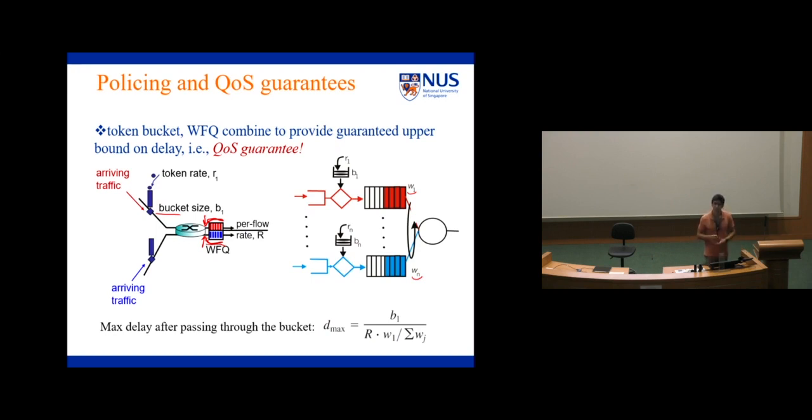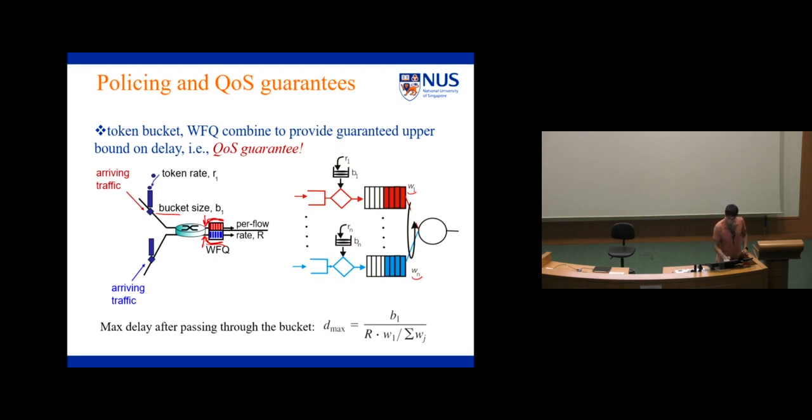So let's assume that in the worst case scenario, B1 packets will arrive to the leaky bucket, and our packet, in the worst case, is the last one of these B1s. So all of them will be passed into the queue. I'm assuming, to calculate the worst case, my bucket is full, and I'm measuring the delay for the last one of these B1 packets for bucket 1.